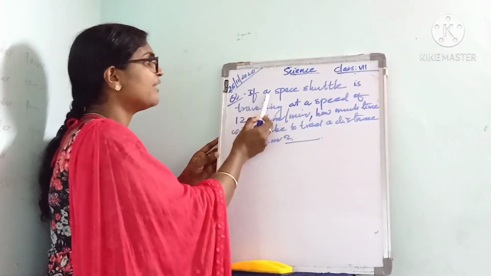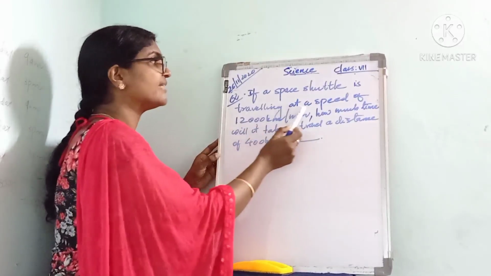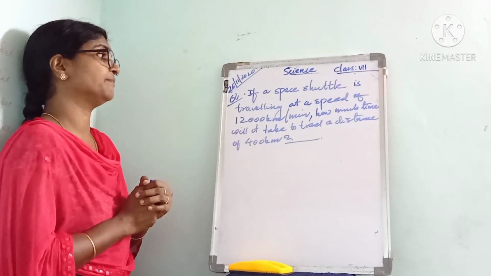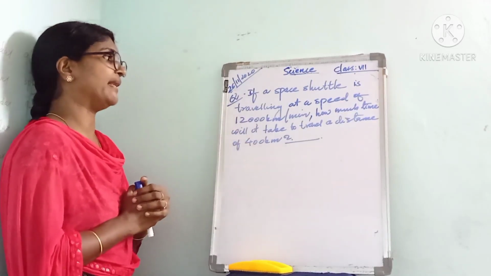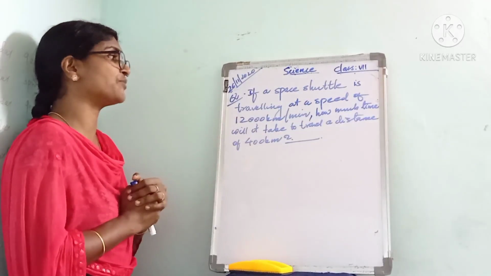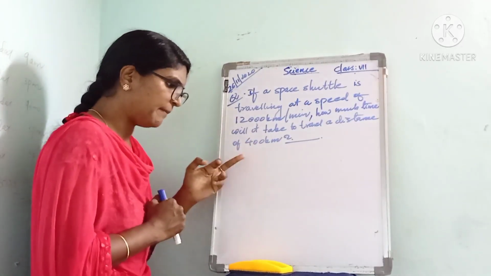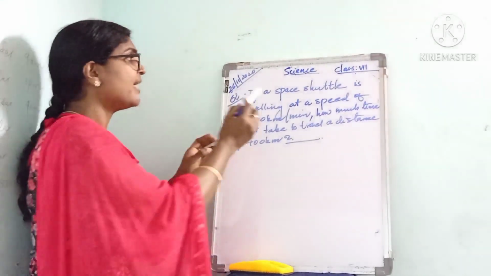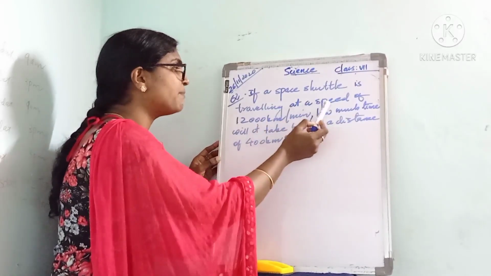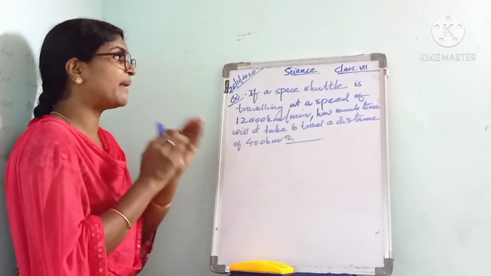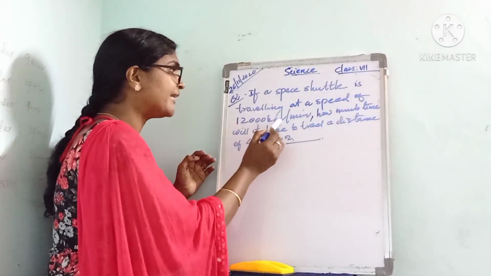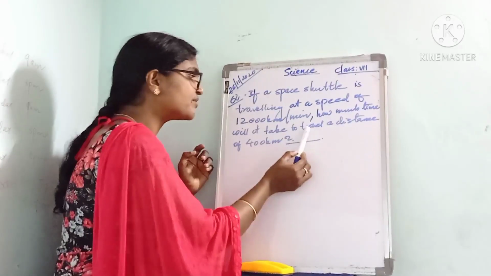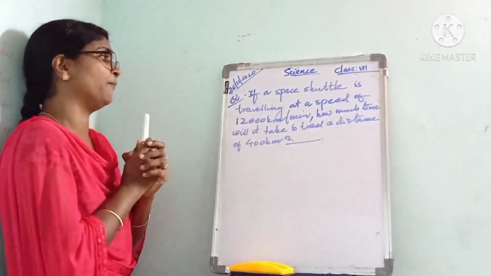The question is: if a space shuttle is travelling at a speed of 12,000 km per minute, then how much time will it take to travel a distance of 400 kilometer?